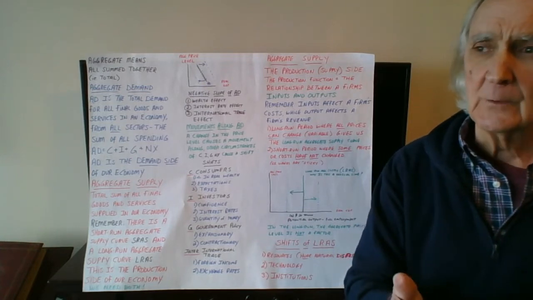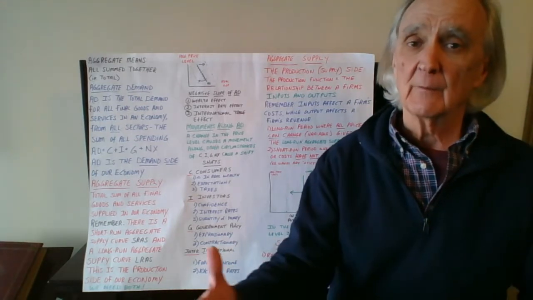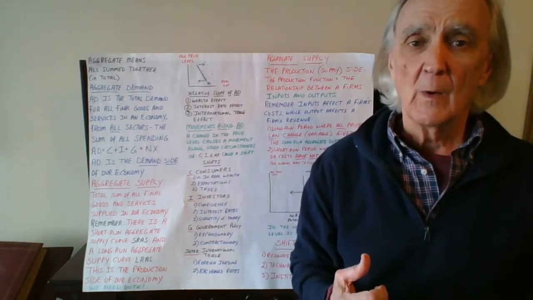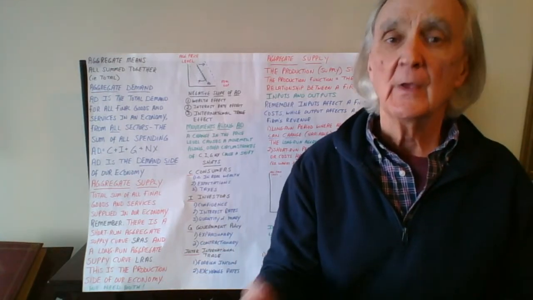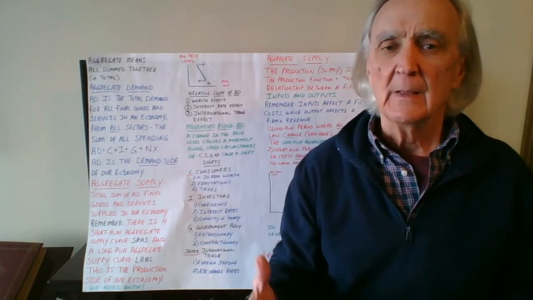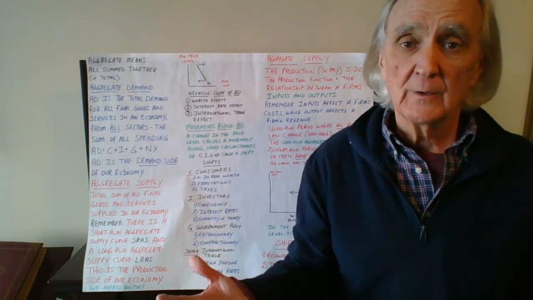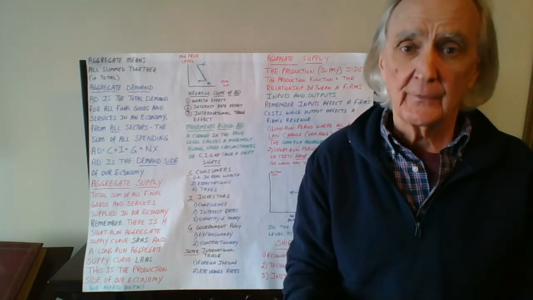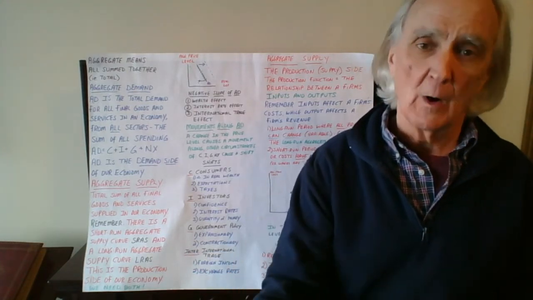And it goes to what we just said about government and taxes. If the government's taking more money away from us in taxes, we have less money to spend. We're going to buy less. Same thing with business. If their input costs are going up, they're going to make less. If their input costs go down, they're going to make more.